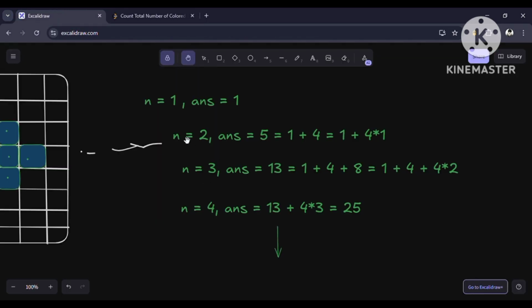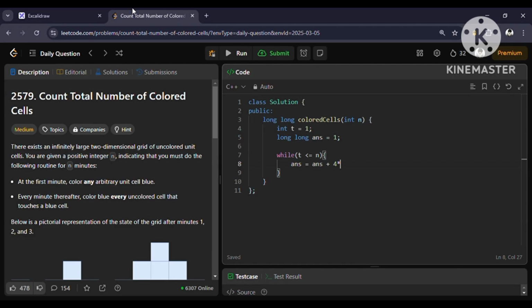This was my t, n is changing, so this was my t for t equal to 3, this was my answer, right? 4 multiplied by t minus 1. And update the t as well, t plus plus, and at the end just return the answer.